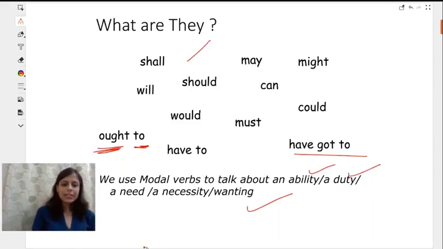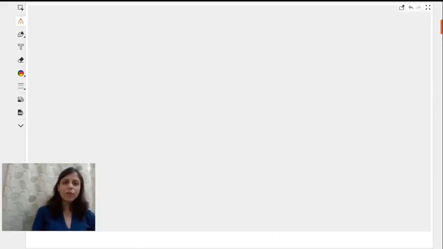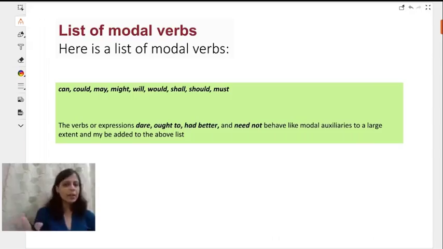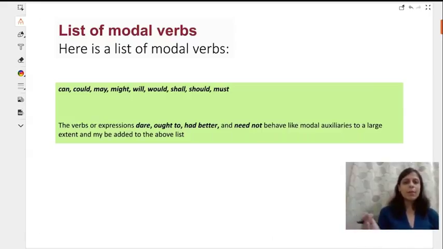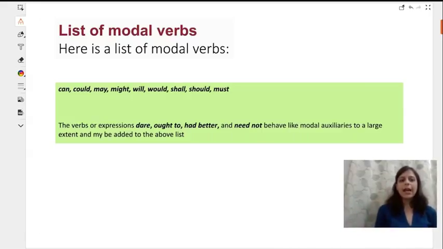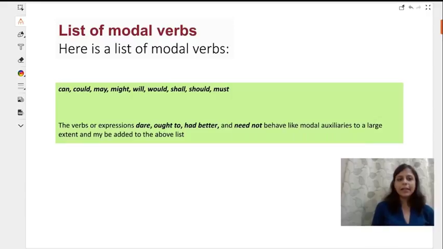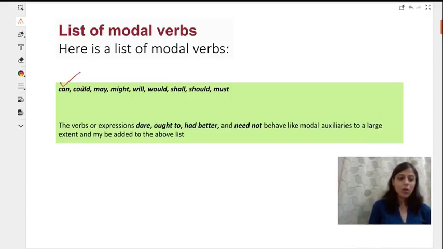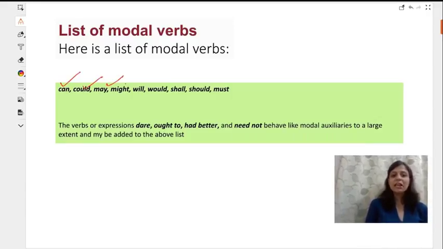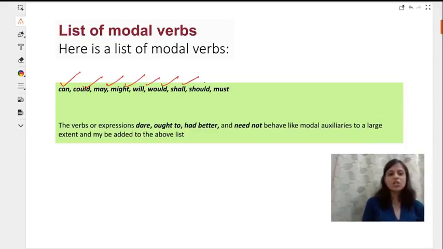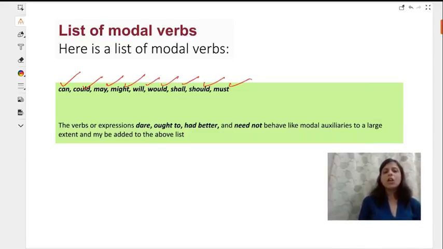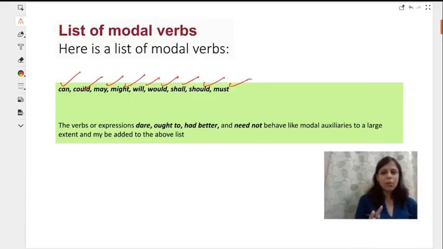Okay, so let's talk a bit about this. I'll just tell you 5 of the basic modals, where they are used, and then we'll follow with some exercises, right? Let's say I have a list of modal verbs: can, could, may, might, will, would, shall, should, must. So these are some of the basic modal verbs.